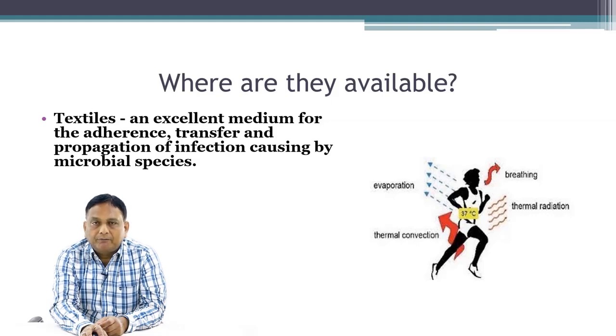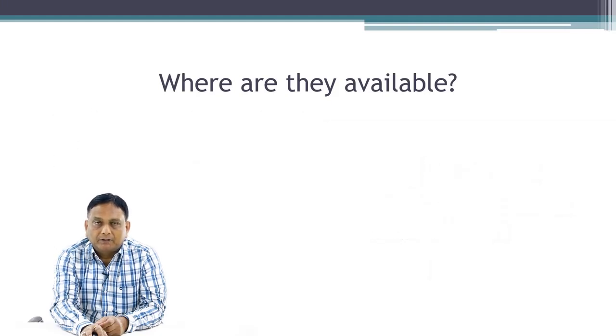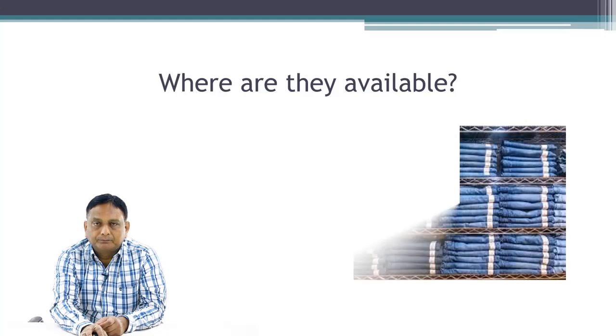Different activities of human beings like evaporation, breathing, radiations, thermal convections cause different metabolic changes in the body, and then these kinds of microbes can develop in the human body.